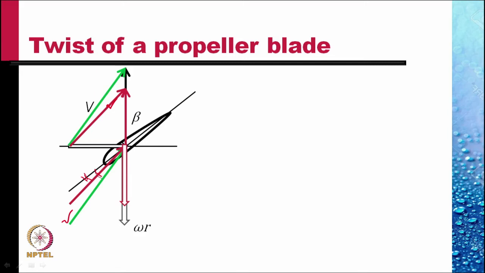We will twist the blade so that it has a higher beta towards the root than at the tip. Beta should increase towards the root.